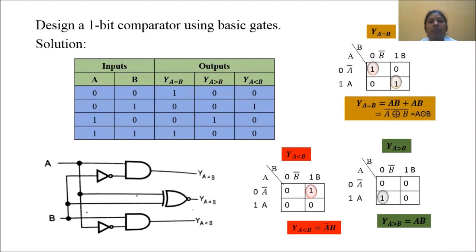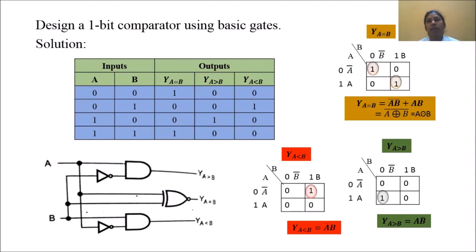So similarly, we need to find out the comparison. We have to compare the magnitude for all the possible combinations, and we have to derive the outputs. So finally, we need to draw the K-map for all the outputs. So from that, we can get the simplified expression of each and every output.